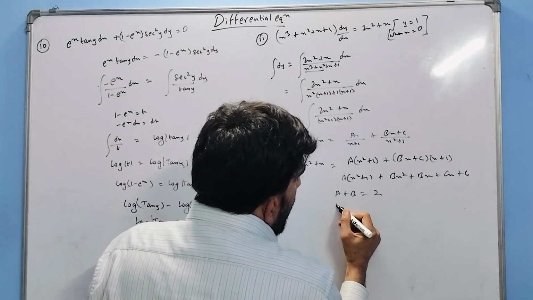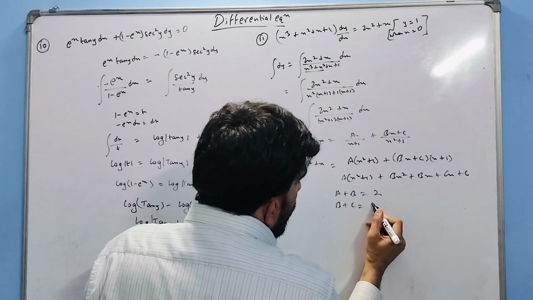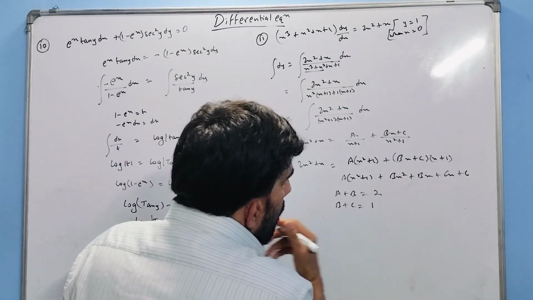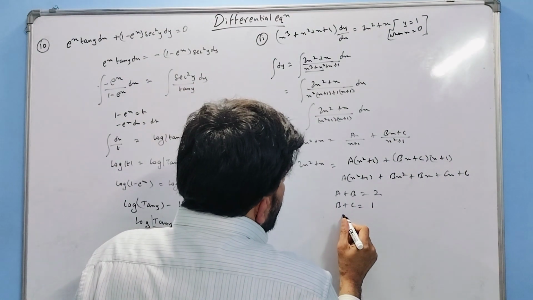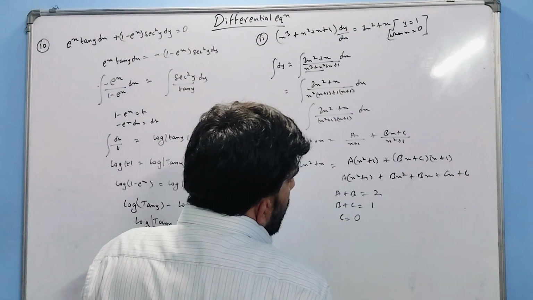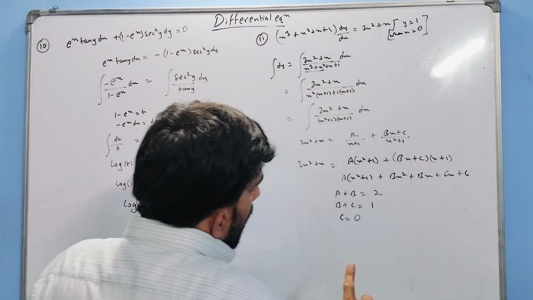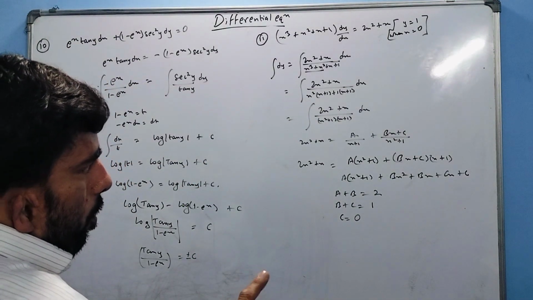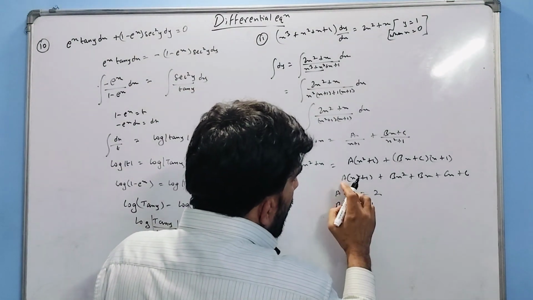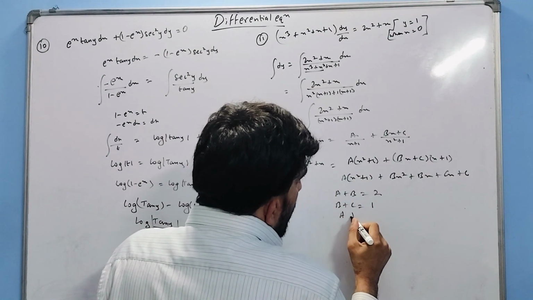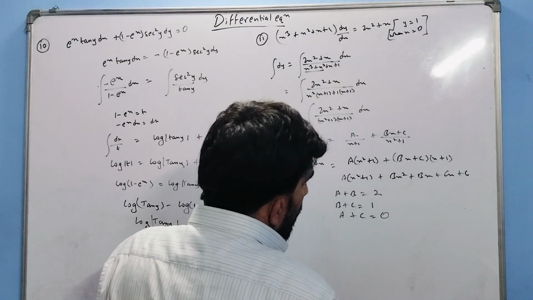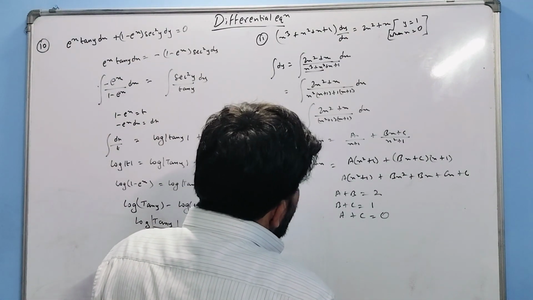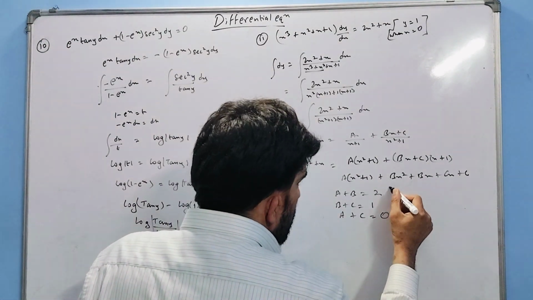Then we have B plus C is equal to 1, and we have A plus C is equal to 0. So that is how.